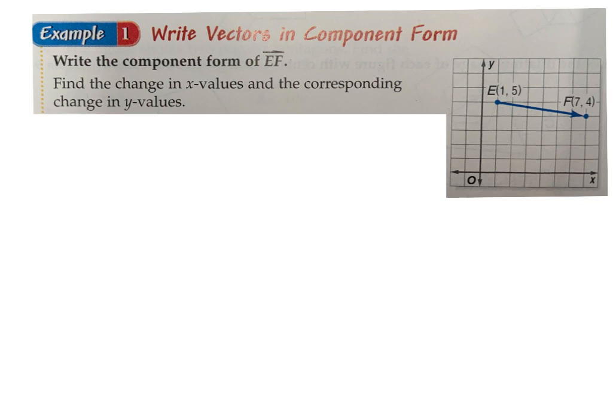So you are going to take your ending values and subtract your starting values to get this information for this particular vector. For this one, the component form would look like my ending x minus my starting x, and my ending y minus my starting y.